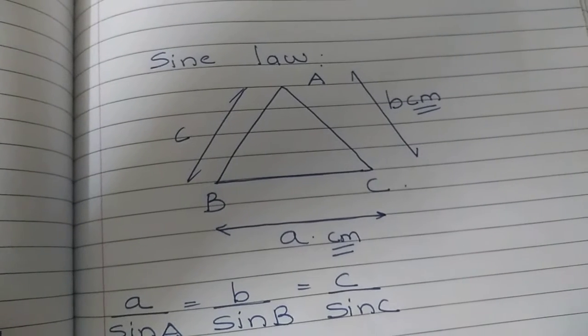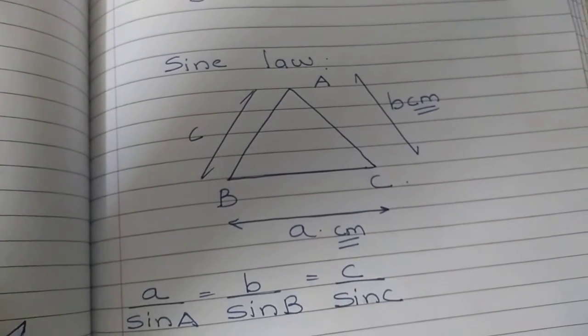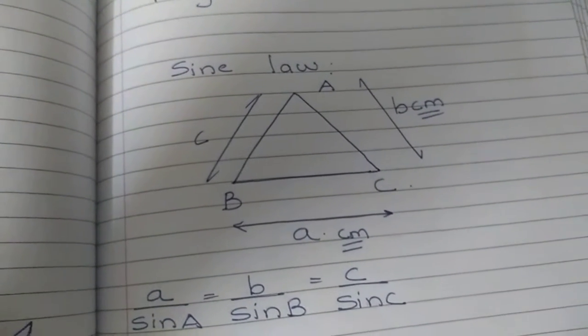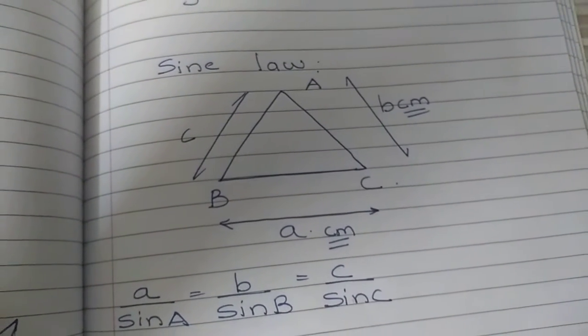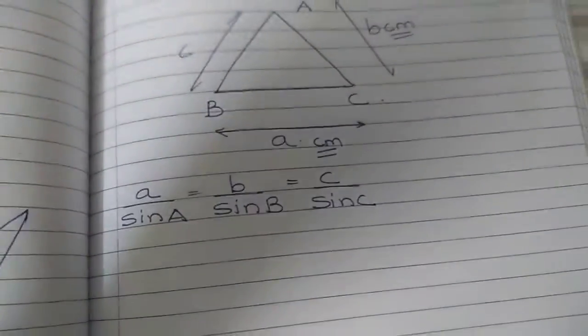The side opposite to angle A is named A, the side opposite to angle B is named B, and the side opposite to angle C is named C. Keep this in mind while deriving it.